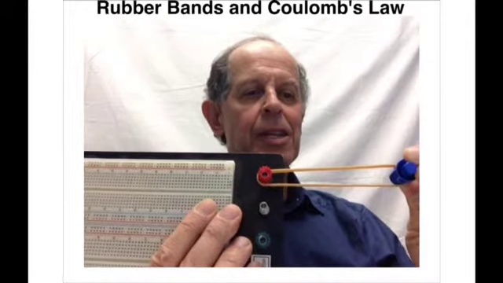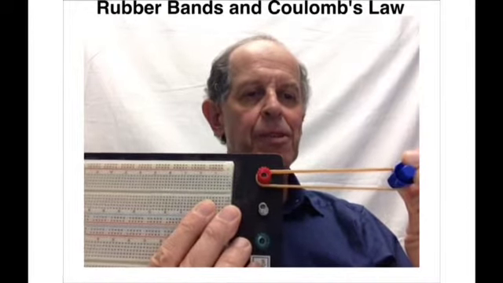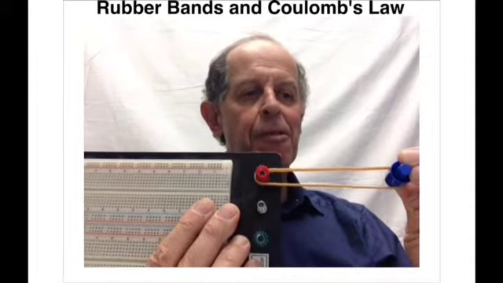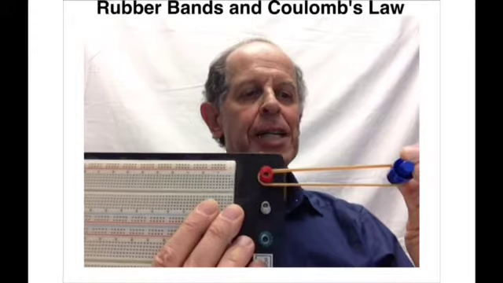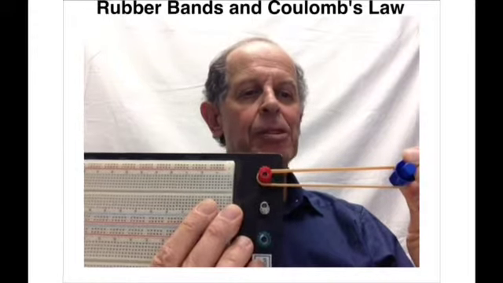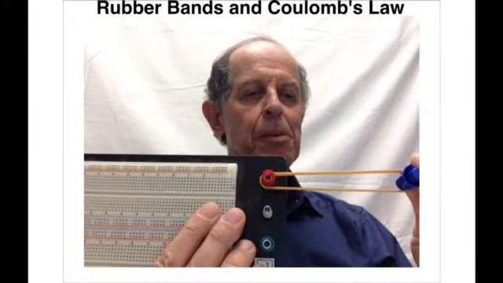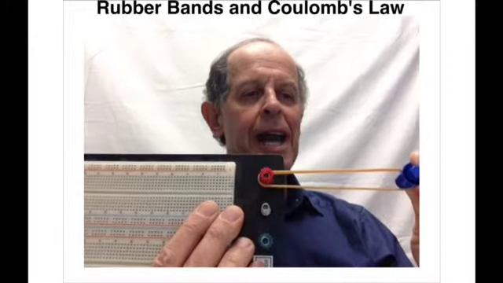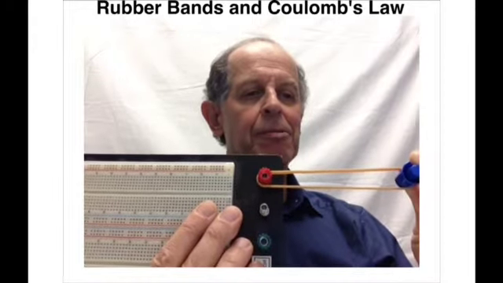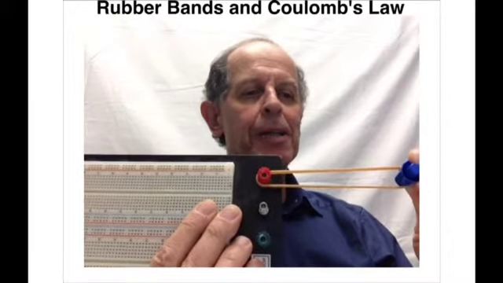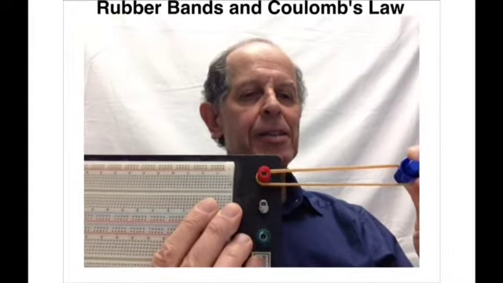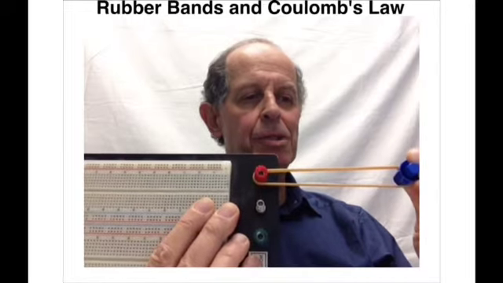So now we actually have a visualization of the force field for a fixed position of the negative charge in space, and I'm actually feeling a pull by the rubber band on the blue cap, which is like the attractive force mechanically analogized pulling into the red knob, which is the positive charge.